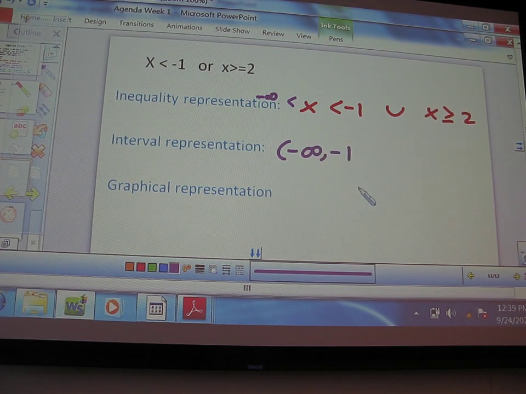Can I equal -1? No, so it's going to be what? Square or rounded? Rounded. Or, I'm greater than 2, so it goes X is greater than or equal to 2. But it means that I'm less than what?